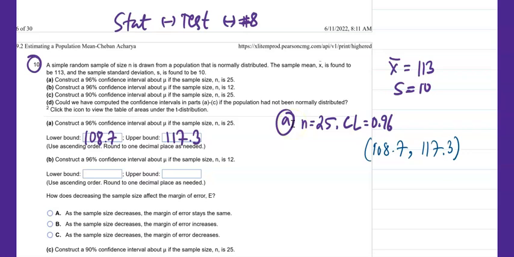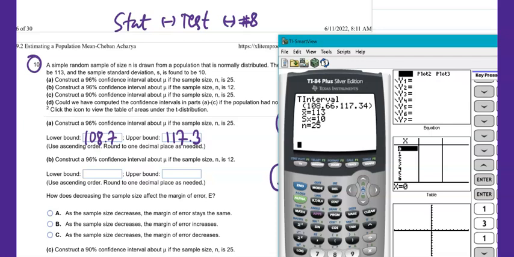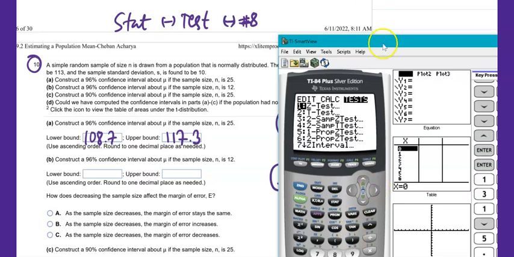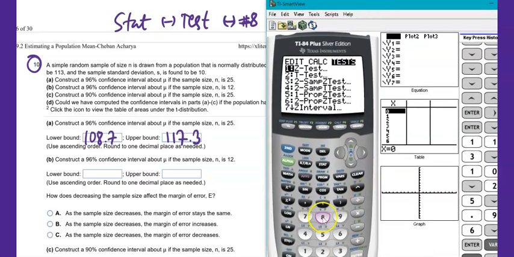For part B, you do the same thing for a 96% confidence interval with a sample size of 12. So here n equals 12, and the confidence level is again 0.96. I'm going to use the same function, STAT, TEST, number 8, and find the interval. You can type 8 directly.